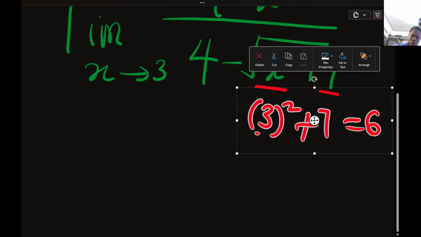The conjugate of this denominator is 4 plus the square root of x squared plus 7, and we are going to use it to multiply through, divided by itself. So we are multiplying through by the conjugate. All right, let us continue.